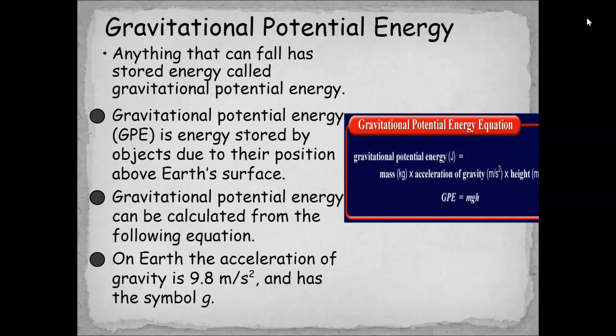They are not moving, so they don't have kinetic energy, but they do have the potential to move. So their position, the higher the position they are, the more potential energy that they are going to have. Okay? And if we remember, on Earth, the acceleration of gravity is 9.8 meters per second square. Okay, we used that when we were talking about Newton's forces in our last unit.